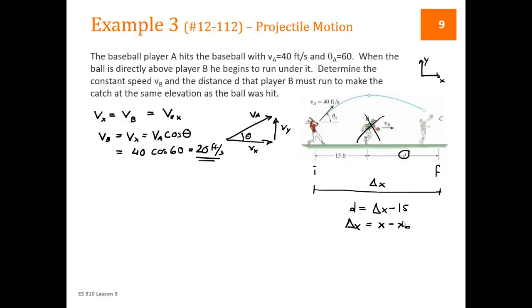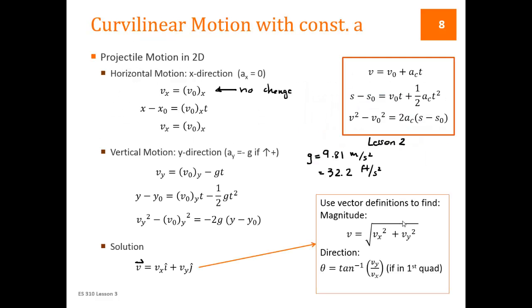Alright, so let's go back up and look at our equations. Here's delta x is equal to the initial velocity x times t. So we now know the initial velocity x. We know we're looking for delta x, we would need to find t. To find t, we're going to have to look at these equations down here in the y direction.